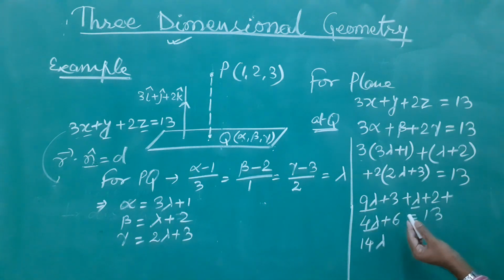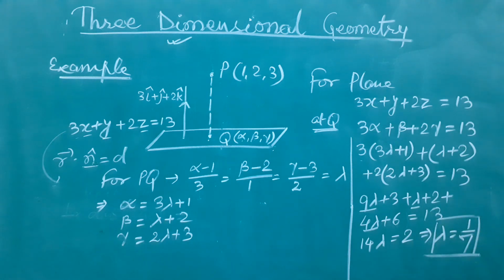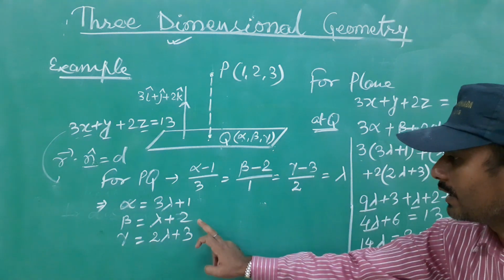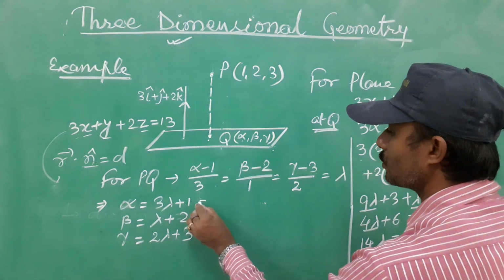This is 14 lambda, and here now 6, 3, 9, 11. 13 minus 11 is 2. So lambda equals 2 by 14, which is 1 by 7. This is the value of lambda. By substituting 1 by 7, we can get the values of alpha, beta and gamma, and this is the foot of perpendicular.